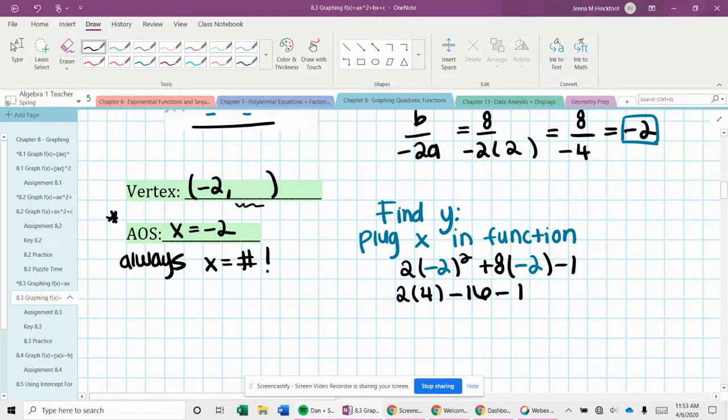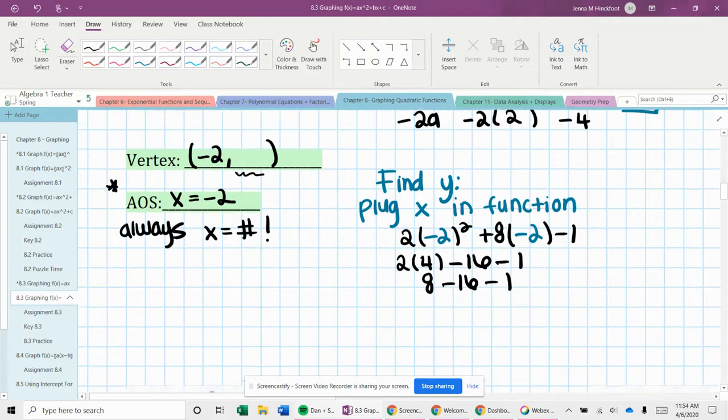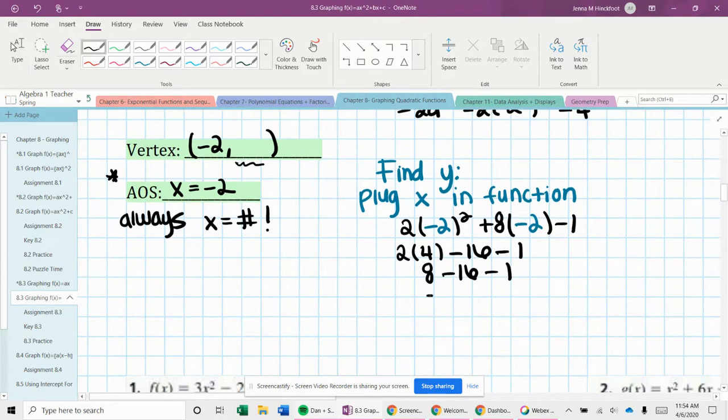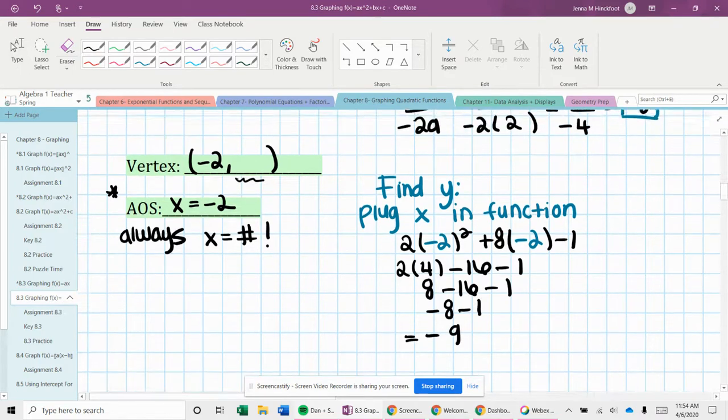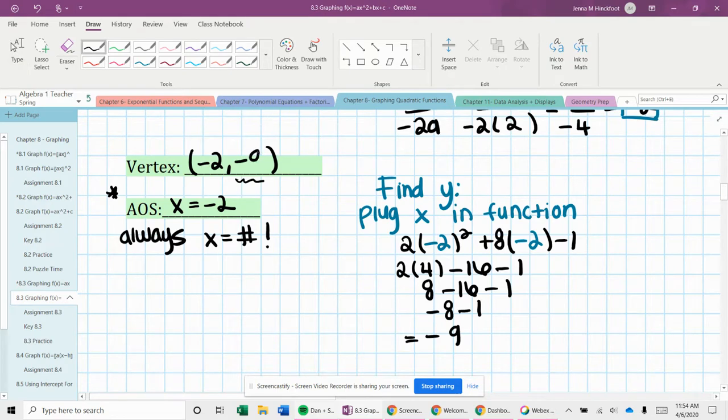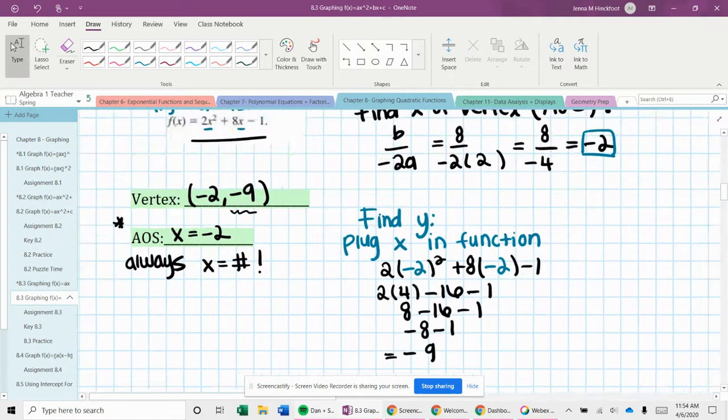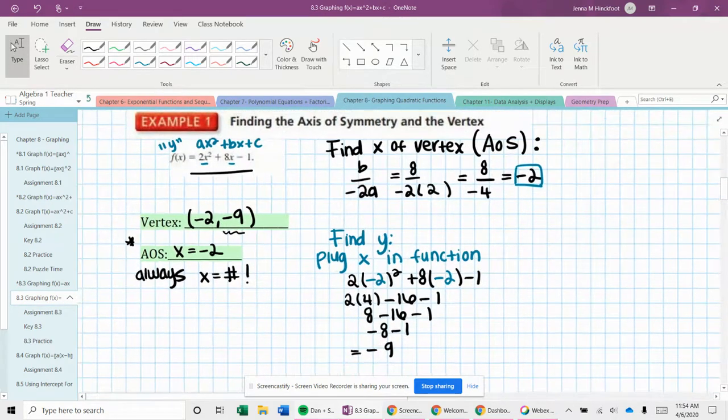Working from left to right, 2 times 4 is 8. 8 minus 16 minus 1. Left to right, 8 minus 16 is negative 8. Bring down the minus 1. Negative 8 minus 1 is negative 9. So our y of our vertex is negative 9. That gives you everything, your vertex and your AOS, which is the axis of symmetry.